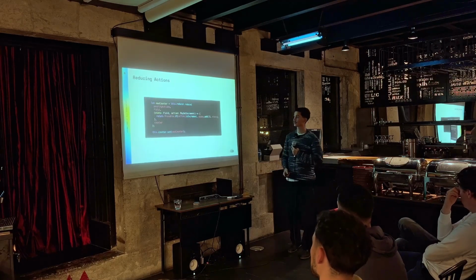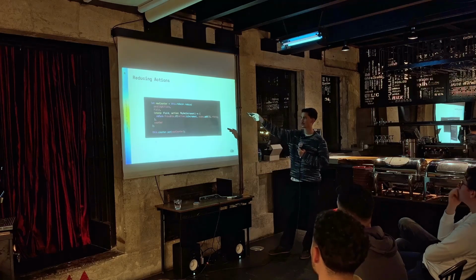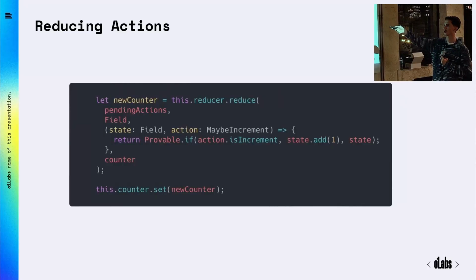So when reducing, we fetch actions from archive nodes. This is the state field. And we have a reducing function. Here we have provable if, which is the provable equivalent of JavaScript if. It's the same as that.